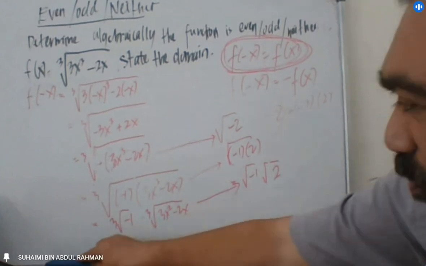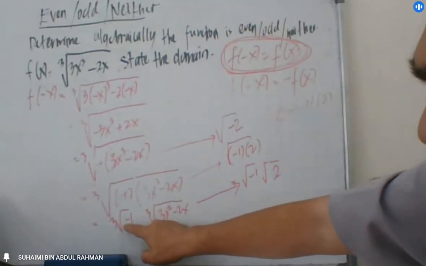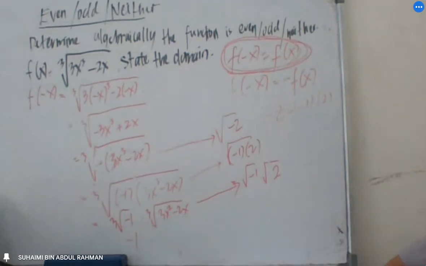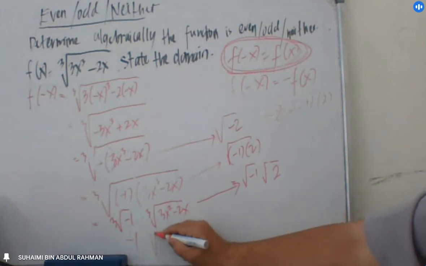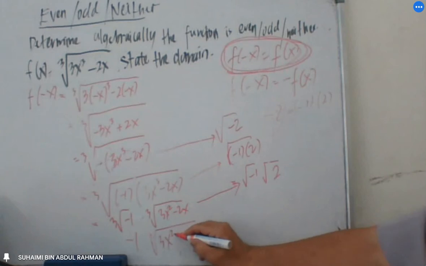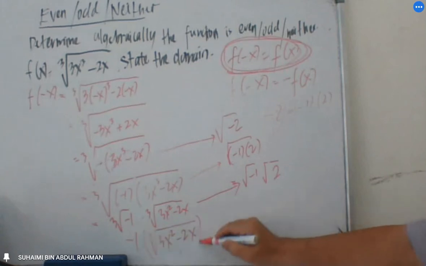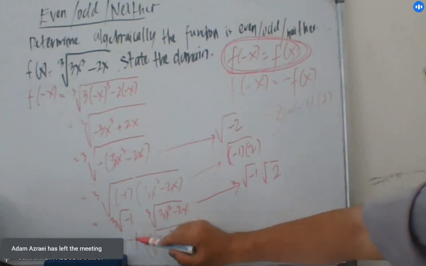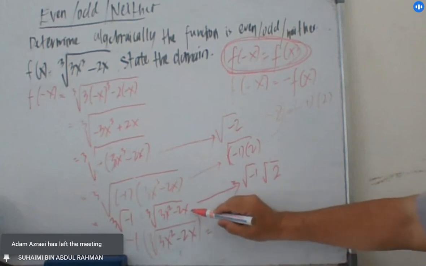Now, cube root of minus 1 is minus 1, multiplied by cube root of 3x squared minus 2x.